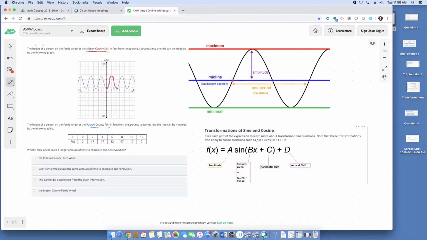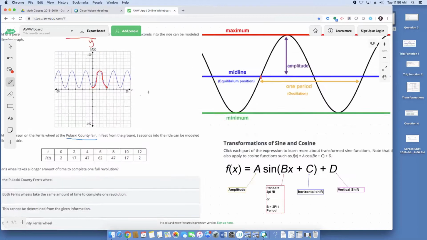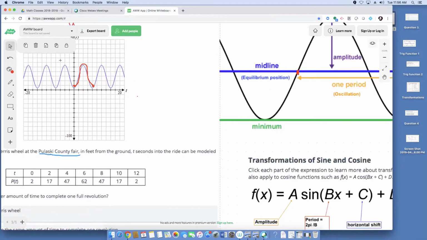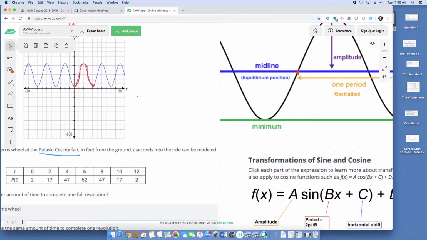It starts at, it looks like, 0.5. And where does it reach that on the y-axis again? Well, let's figure out what our intervals are. I'm going to increase this a little bit so you guys can see.